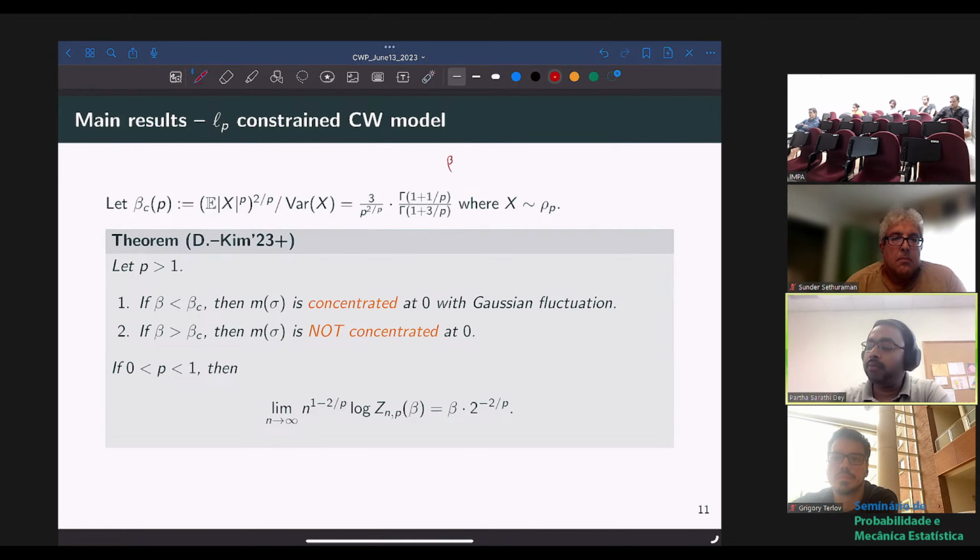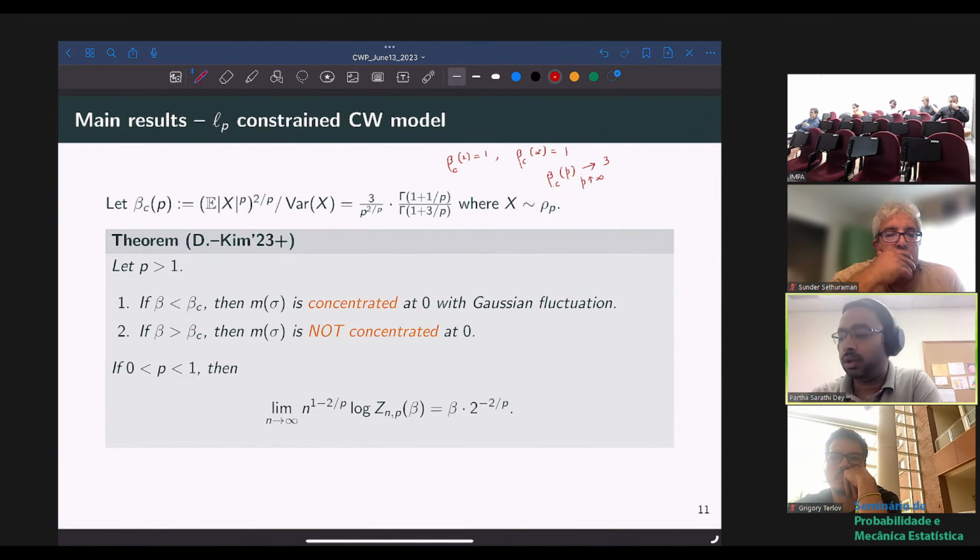So beta c of 2 is indeed 1, beta c of infinity is also 1 because the variance is 1. But if we look at the limit of beta c(p), one can check that this converges to 3 as p goes to infinity. So that means when p goes to infinity, something else is going on. But anyway, this model can be explicitly understood, and I just wrote down a simple summary of this.